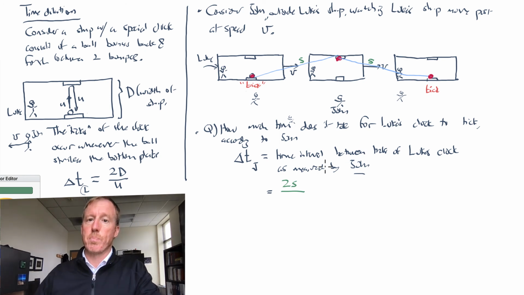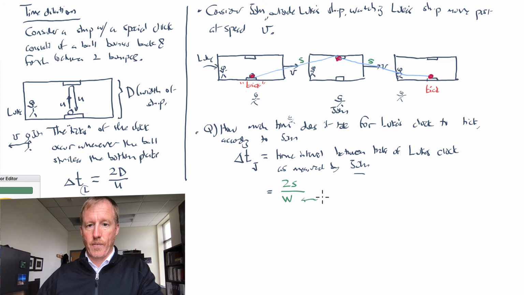What about the speed with which it moves? Well, the ball was flying upward at a speed u, but the ship is moving rightward at a speed v, and so you're going to have to compound these two velocities. You're going to have to somehow add the speed of the ship to the speed of the ball, and that's going to be a different speed. So we're going to put w right here.